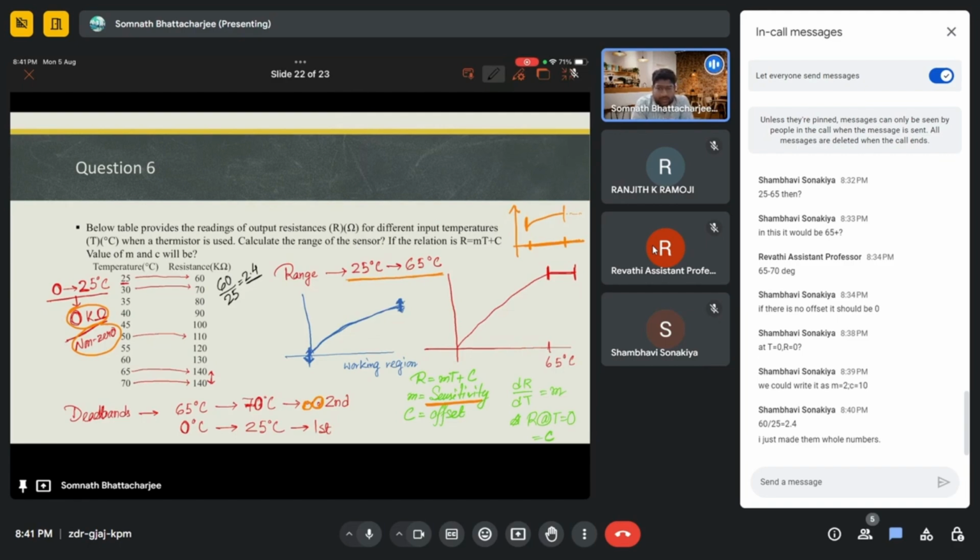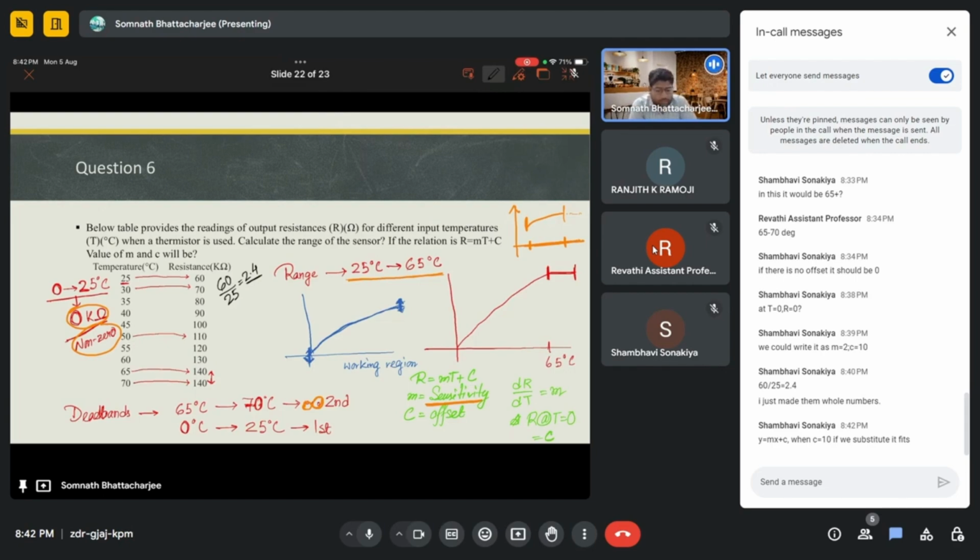Maybe you can explain why c equals 10, you are saying. Why c equals 10? Yes, correct.